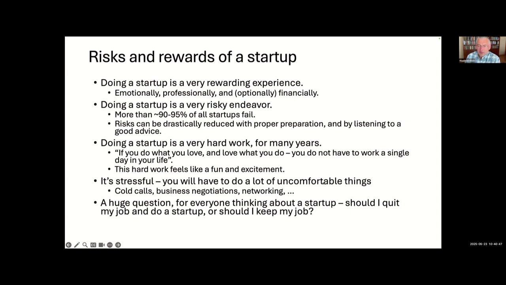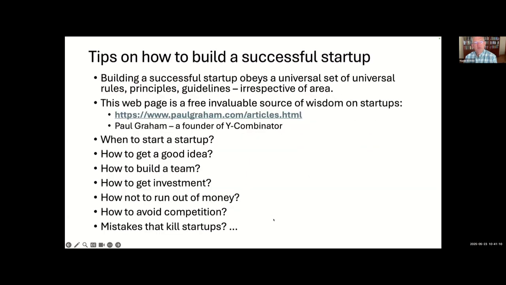You will have to do a lot of uncomfortable things to succeed, to do cold calls, business negotiations, networking, and do many other things. So you should be ready for that. And the big question for potential startup founders is, should I quit my job and do a startup, or should I keep my job? It's not an easy question.